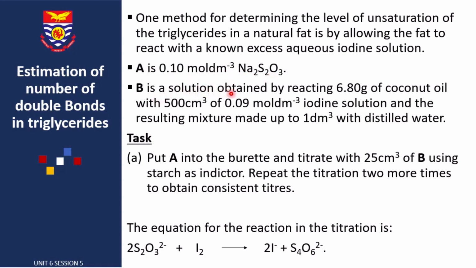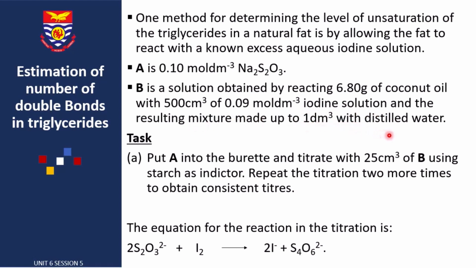B is a solution obtained by reacting 6.8 grams of coconut oil with 500 cubic centimeters of 0.09 mol per cubic decimeters iodine solution, and the resulting mixture made up to 1 dm cube with distilled water.